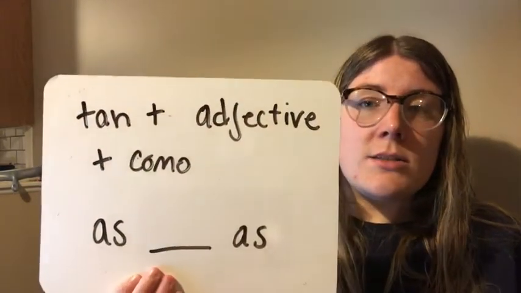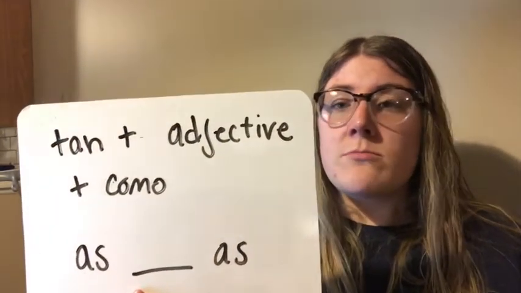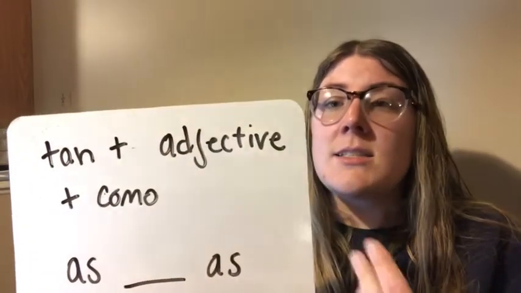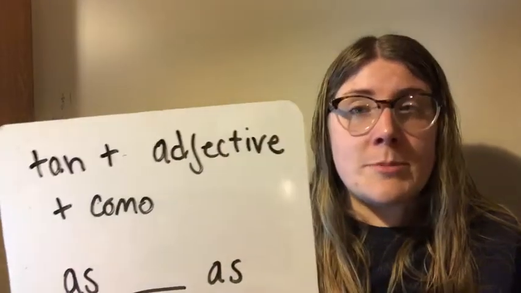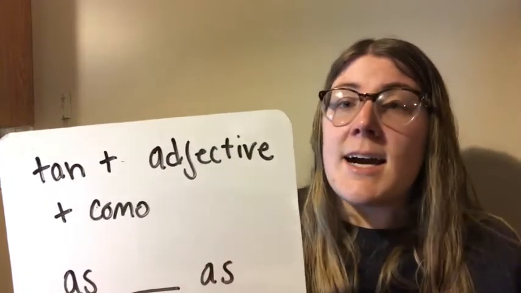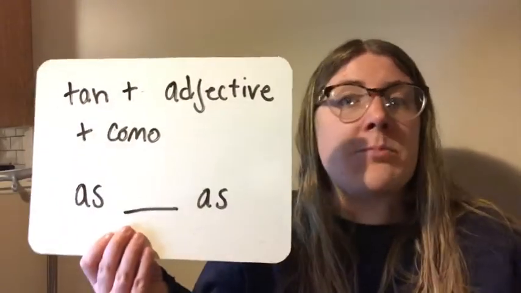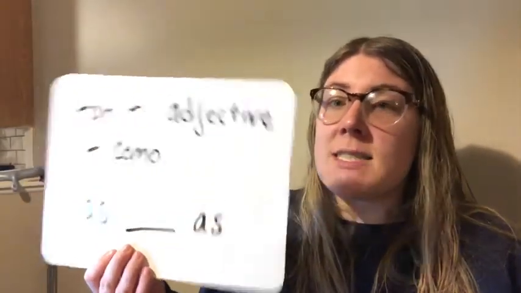You are using this to say as blank as. Tan bonito como, tan caro como, as pretty as, as expensive as.